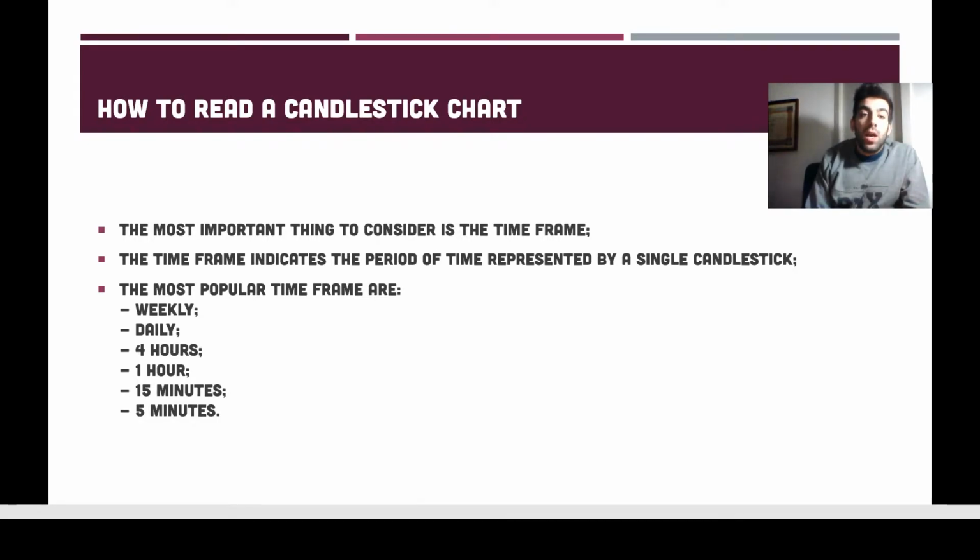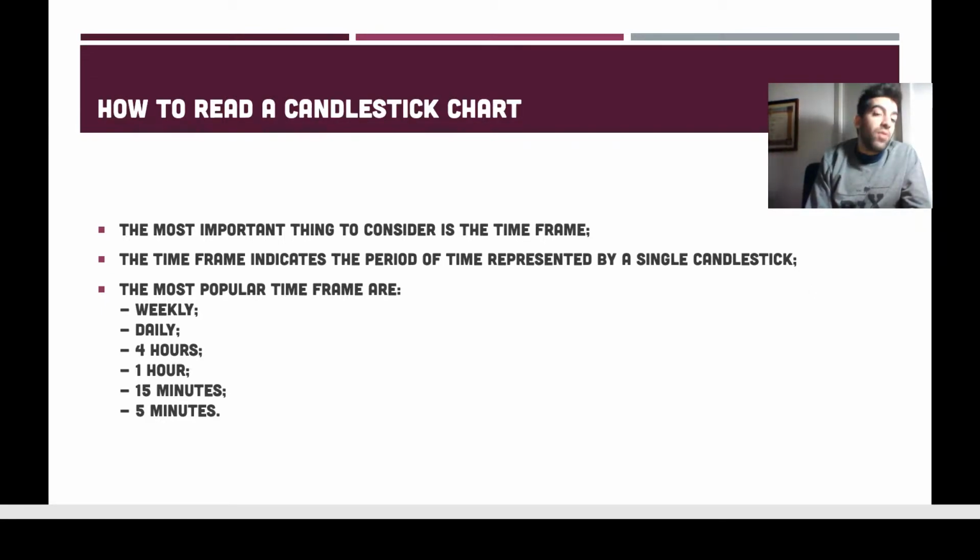Okay. For example, if we see one candle and our time frame is daily, we have a candle which summarizes the movement and the fluctuation of the price within 1 day.